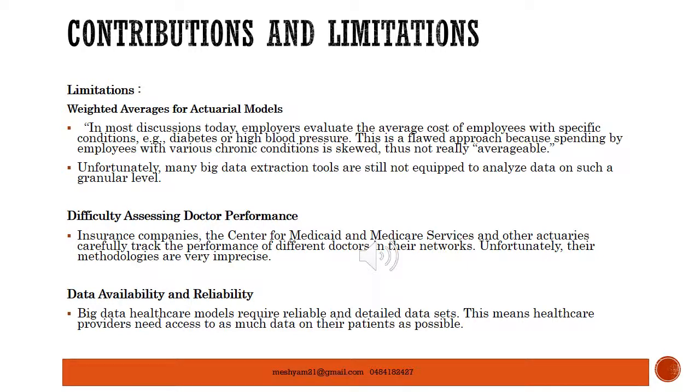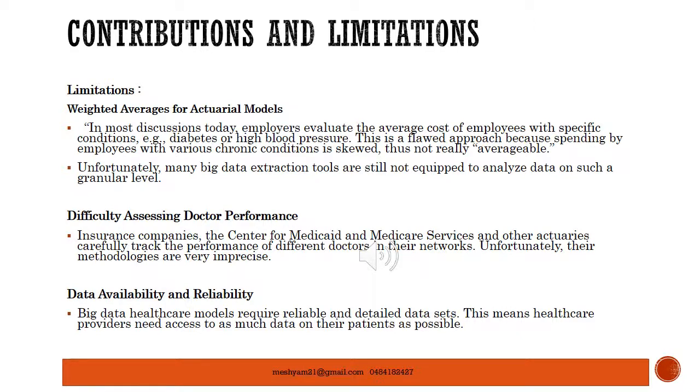This is a flawed approach because spending by employees with various chronic conditions is skewed, thus not really averageable. And unfortunately, many big data extraction tools are still not equipped to analyze data on such a granular level.